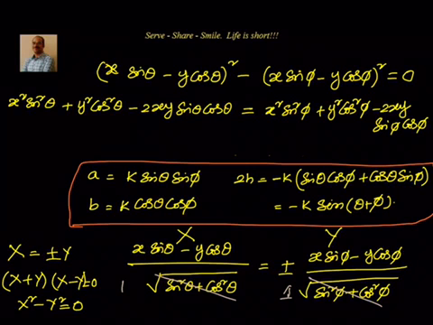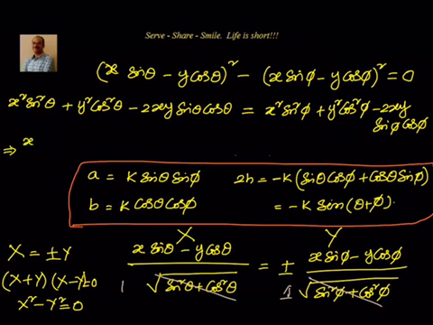We'll go to the next step. What we will do now, on LHS we will try to keep x square and y square, and on RHS we will try to keep the xy terms, because that's what we see, only x square, y square and xy terms.